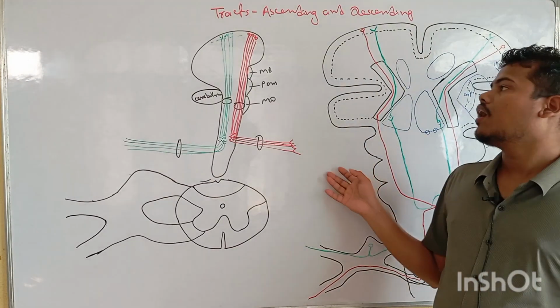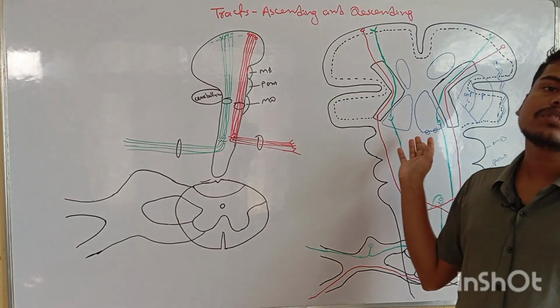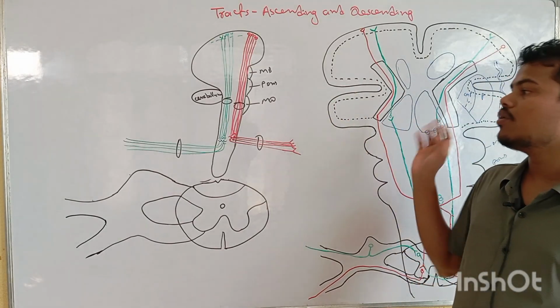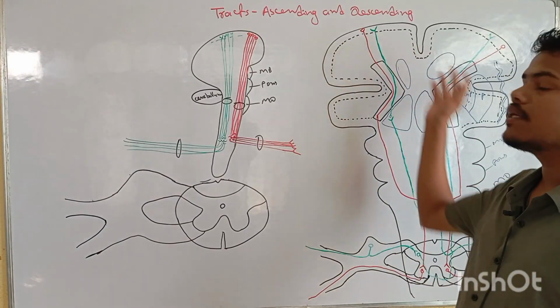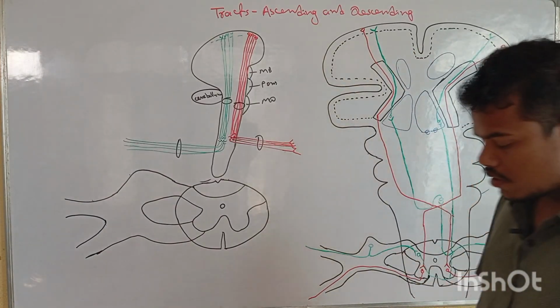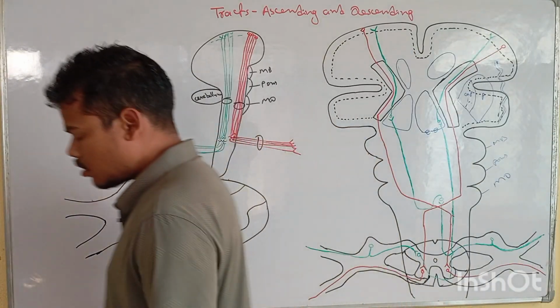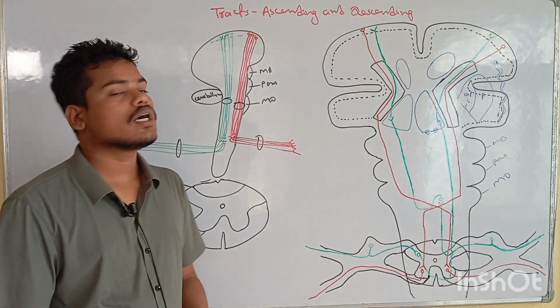And sometimes if the response is not needed, it will not send a response, but most of the time it will send the response through the motor system. Now we will talk about the tracts.